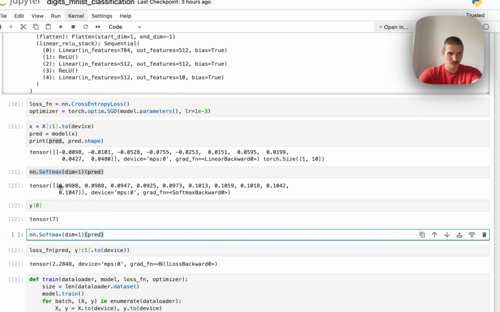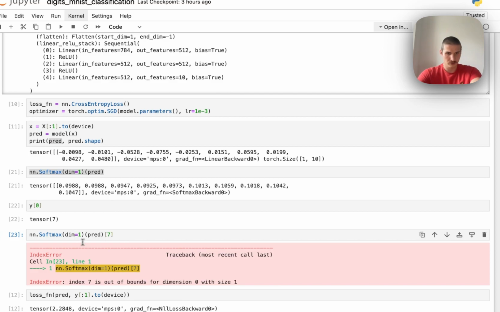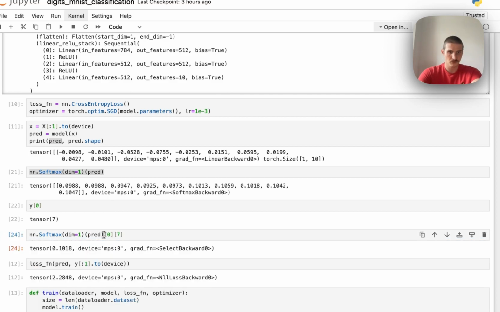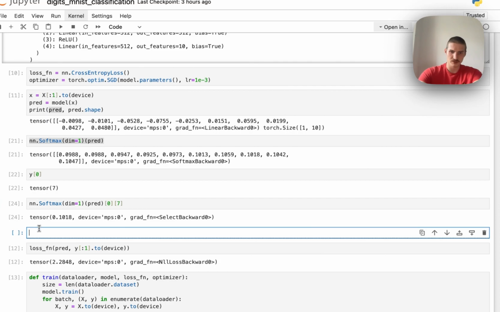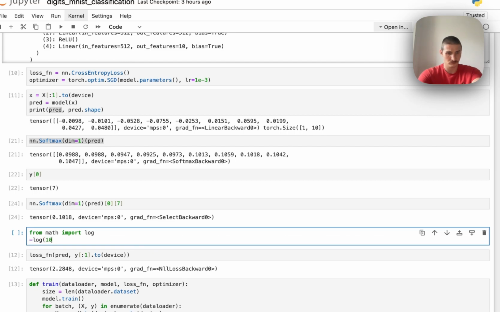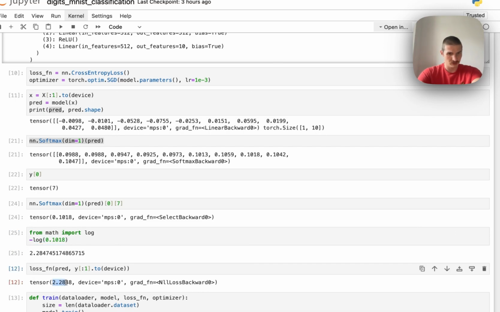We just need the probability for class 7, which corresponds to 7's index, which is 0.1080. And then we also need to compute minus log of that. And this is what we get, exactly 2.2848.